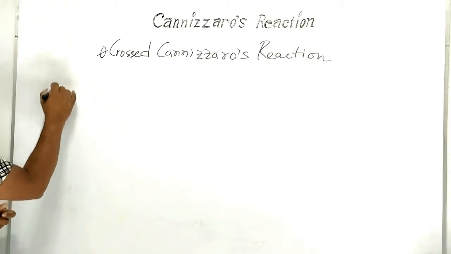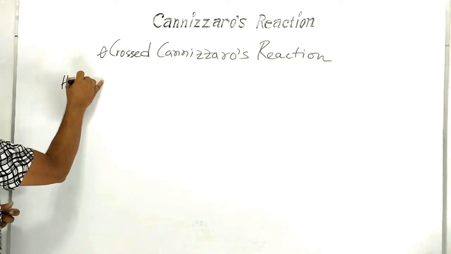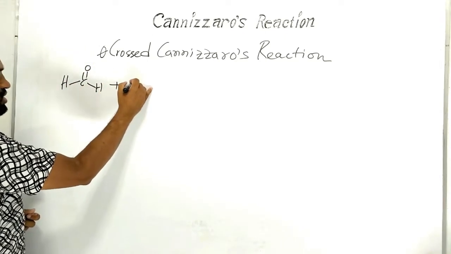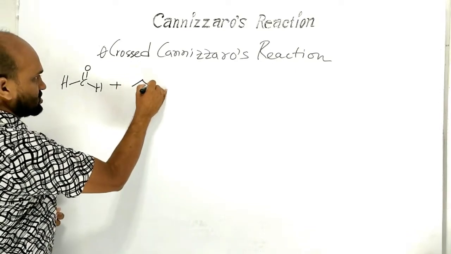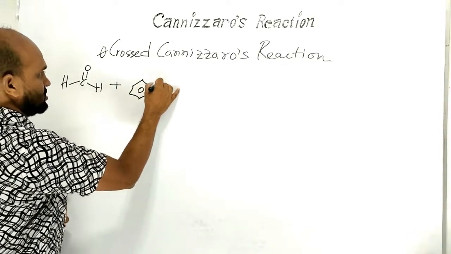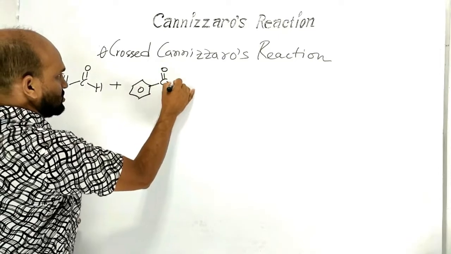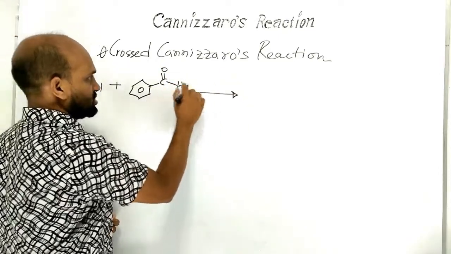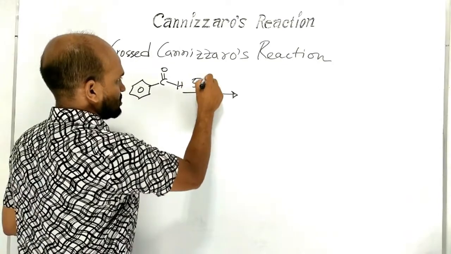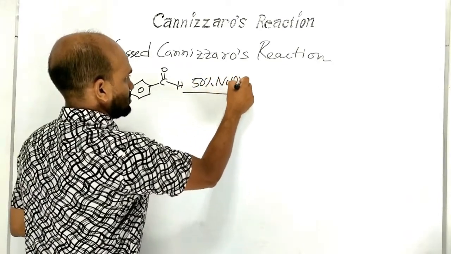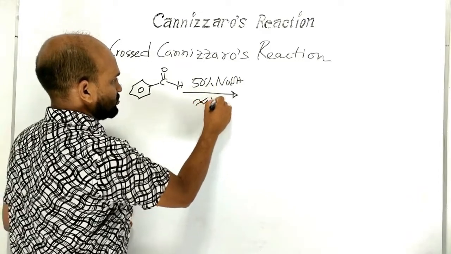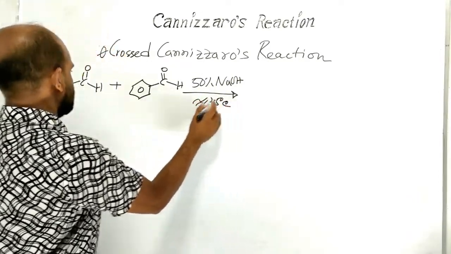For example, formaldehyde and another kind of aldehyde, that is benzaldehyde. This reaction is treated with concentrated alkali and it is carried out at around 25 degrees Celsius temperature.